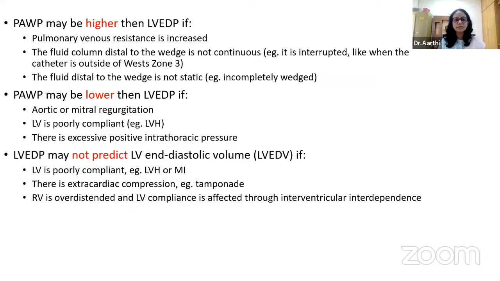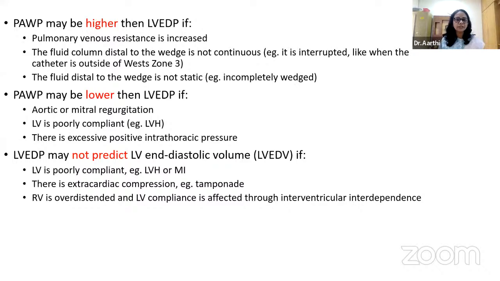But there are scenarios where it is not a direct reflection. For example, when there is high pulmonary venous resistance, the measured distal pressure is higher, so pulmonary capillary wedge pressure will be higher than the left ventricular end diastolic pressure.